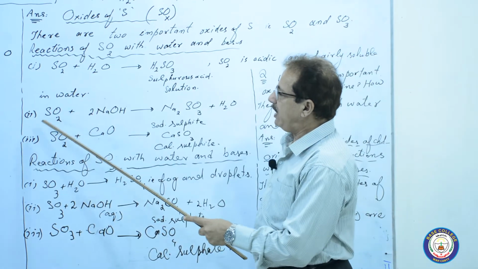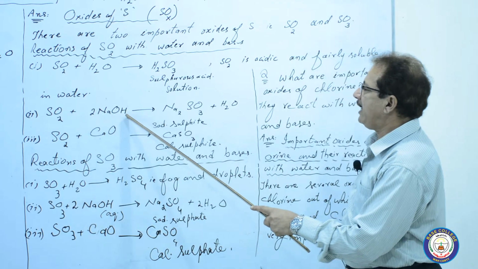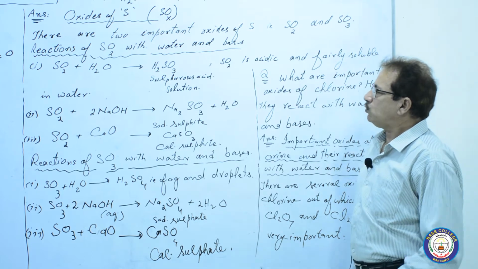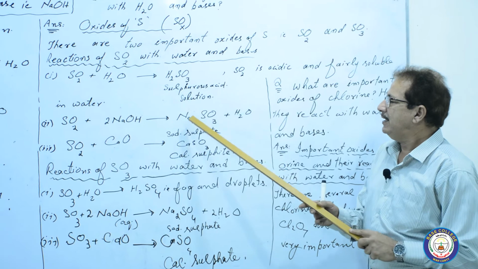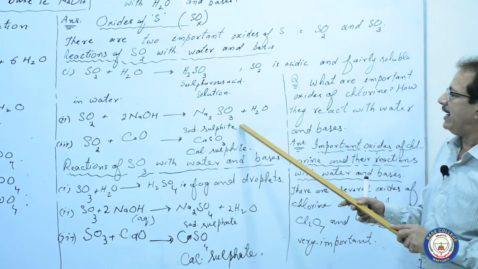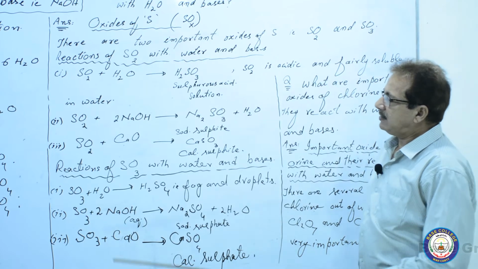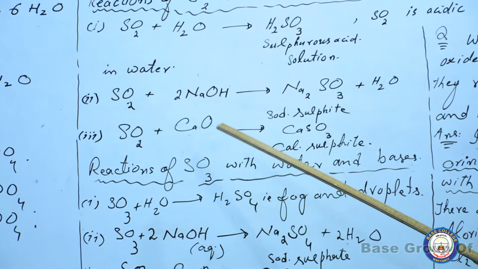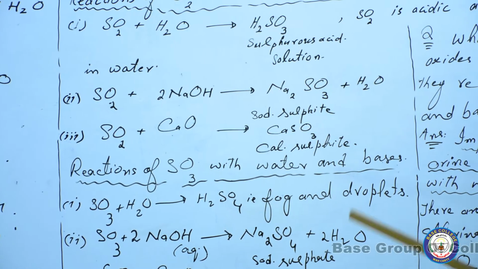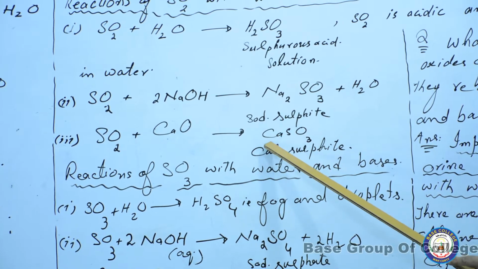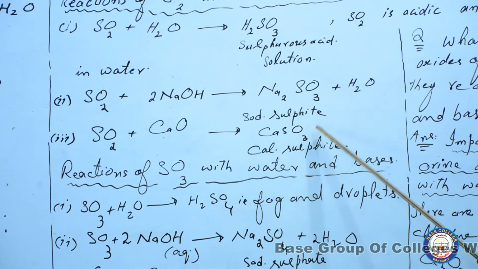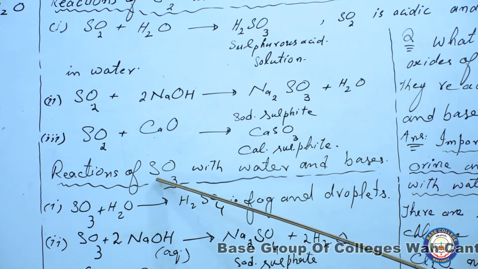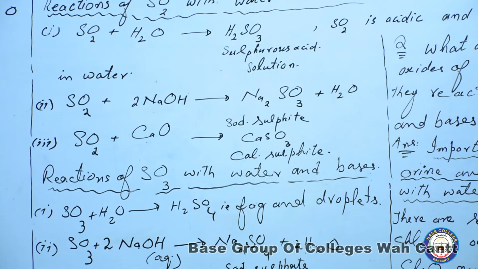The second reaction, SO2 with sodium hydroxide, gives sodium sulfite, Na2SO3, along with water. The third reaction, SO2 plus CaO, calcium oxide, lime, goes to form calcium sulfite.